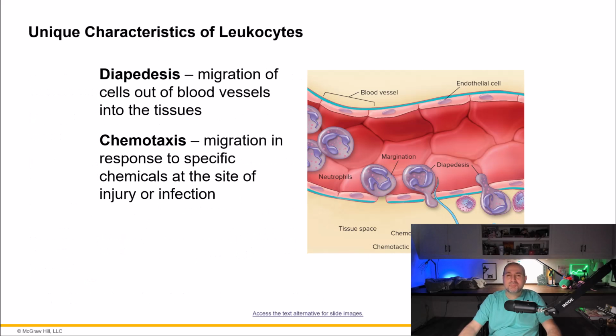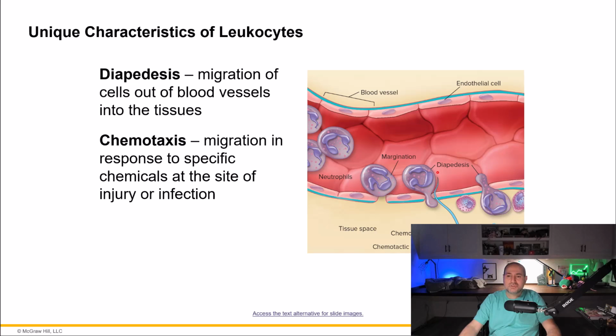And then do you remember that during inflammation, neutrophils migrate to the site of infection? So you should know these terms. One is margination. Margination was when these neutrophils stick to the inside of the blood vessel.